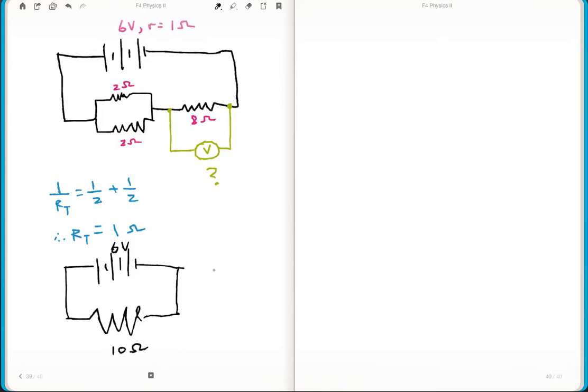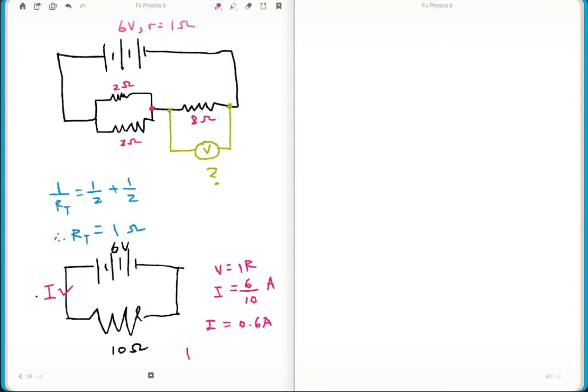So 1 plus 8 plus 1 is 10 ohm. Therefore the current, V equals IR, so your I would be 6 over 10 ampere, which is 0.6 ampere. Now the 0.6 splits here and unites here, so 0.6 flows through the 8 ohm.